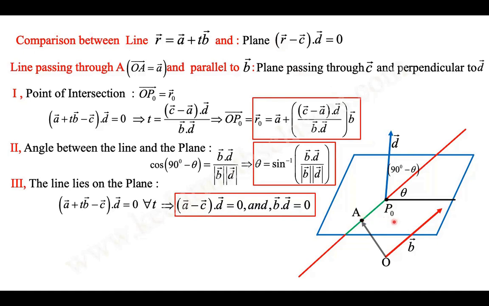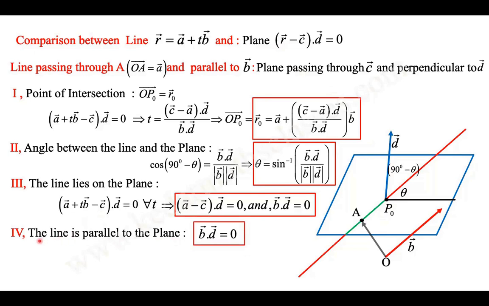Means one plane is there, one line is there, such that the line is parallel to the plane, and one of the points of the line lies on the plane. That is possible only if that line totally lies on the plane. That is exactly what we proved theoretically here, and with common sense also we can understand.